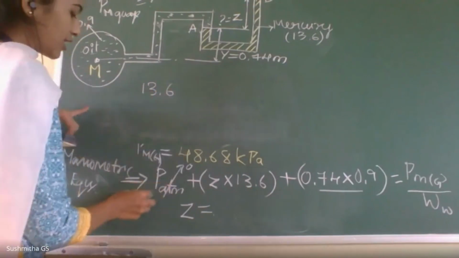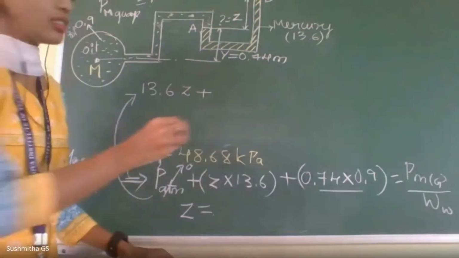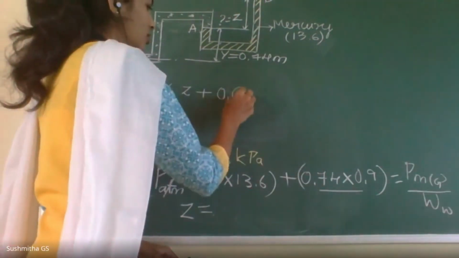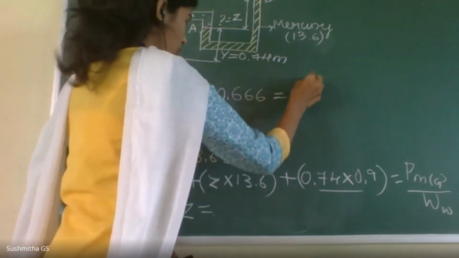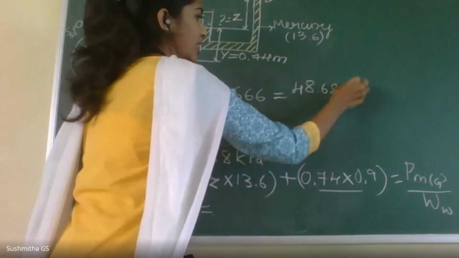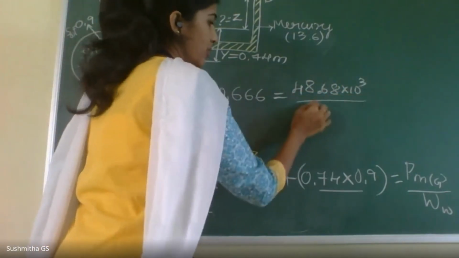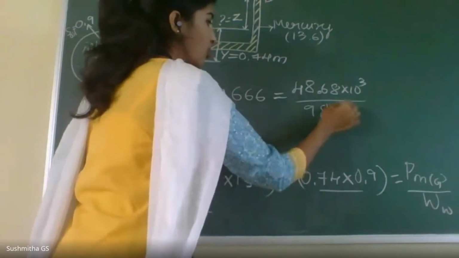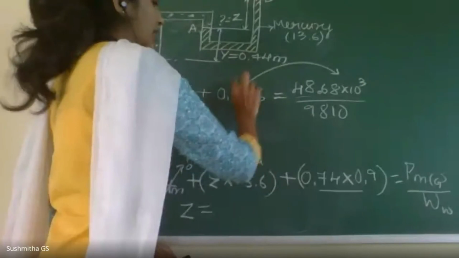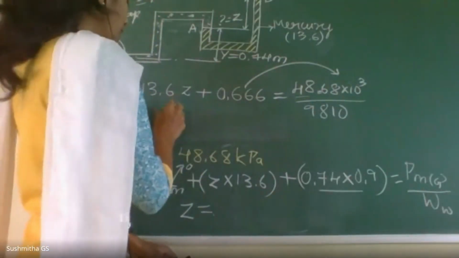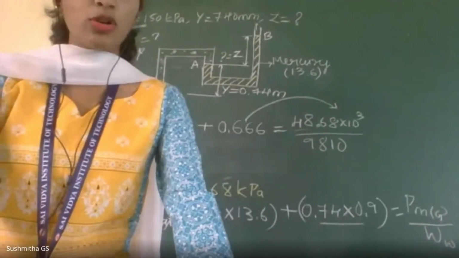I am writing here 13.6 Z plus 666, which will be equal to 48.68 into 10 power 3, because kilopascal, that's why into 1000, divided by 9810. So you send this to that side, and later divide it by 13.6. You will get an answer of about 0.3 something.